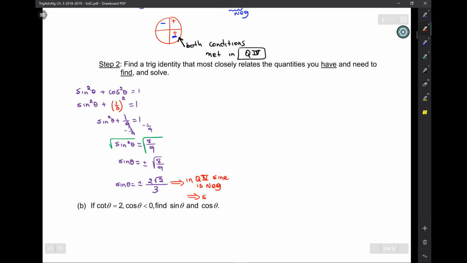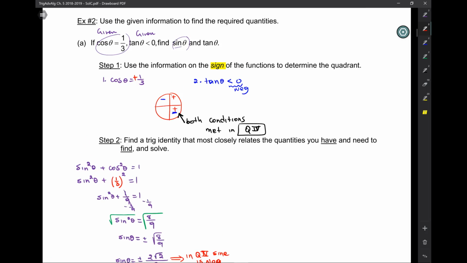So I'm going to take sine of theta to be negative 2 root 2 over 3. This told me there are 2 possibilities for sine, positive or negative, but I just found out that sine is negative in the 4th quadrant, so I just take the negative. That's why negative 2 root 2 over 3 is your answer, because sine can't be positive. Okay, so am I done with this problem?